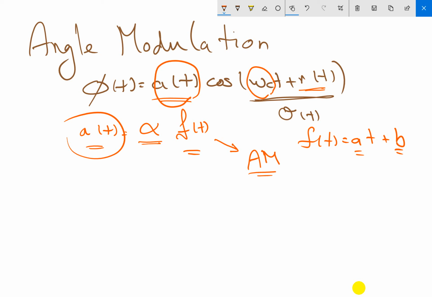Now, let's talk about R of t. R of t, it's obvious, has a frequency and phase. For example, we can consider R of t as an instantaneous frequency, and a phase.